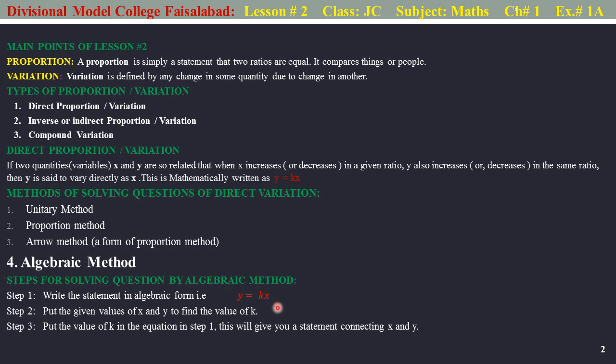We get a statement connecting x and y. Then we put the given value of the variable to find the value of another variable. Now in this lesson we will solve questions of the same type, but with one addition: we have to draw the graph of this relation also. So let's see.